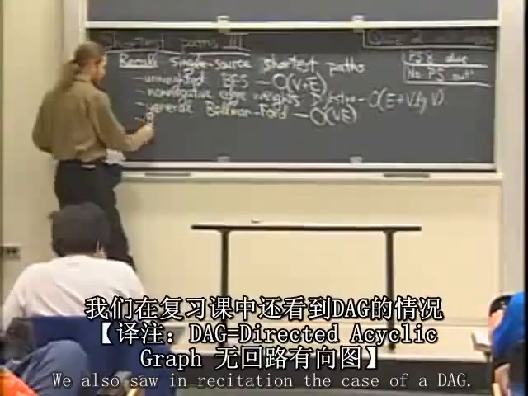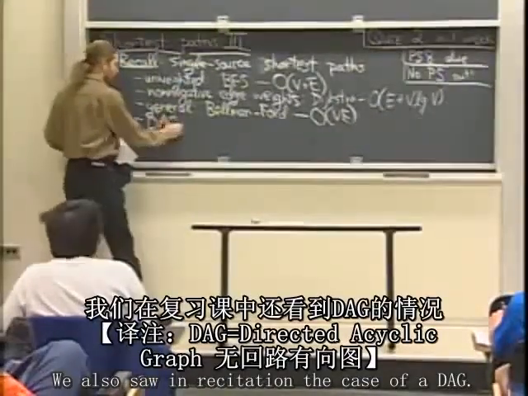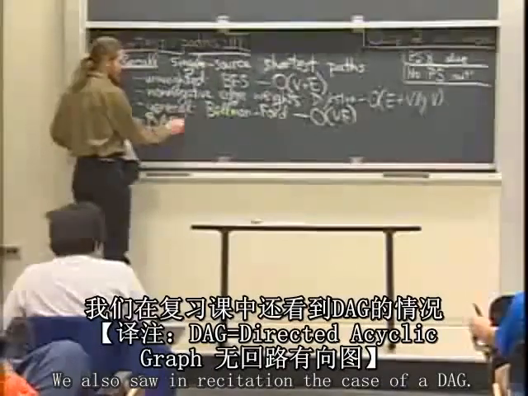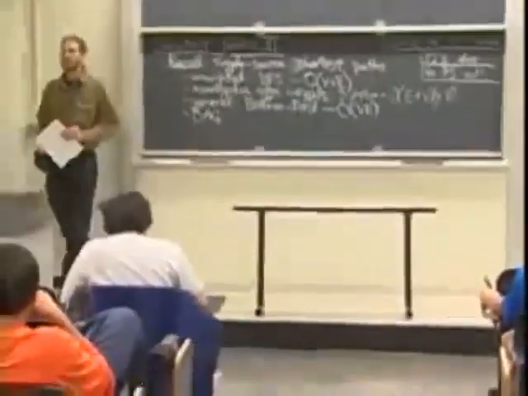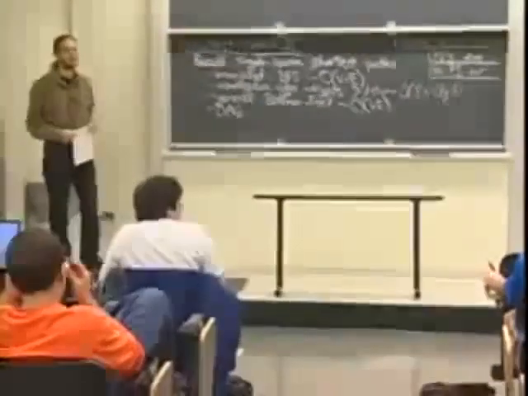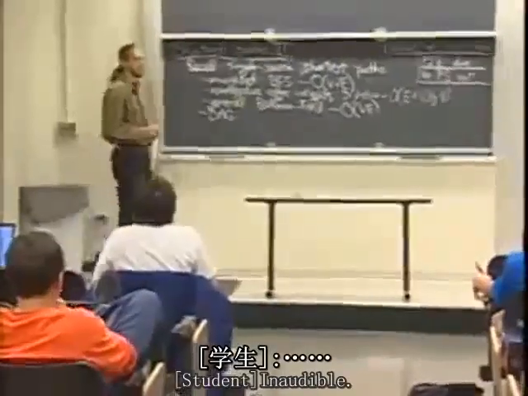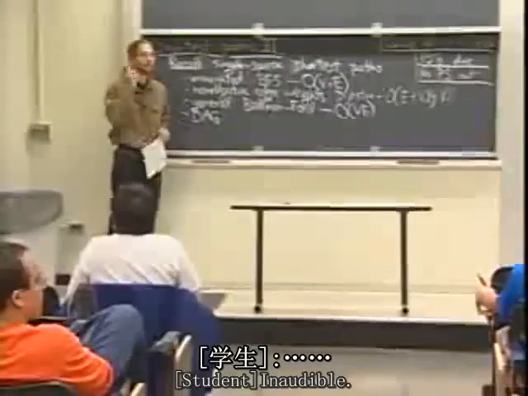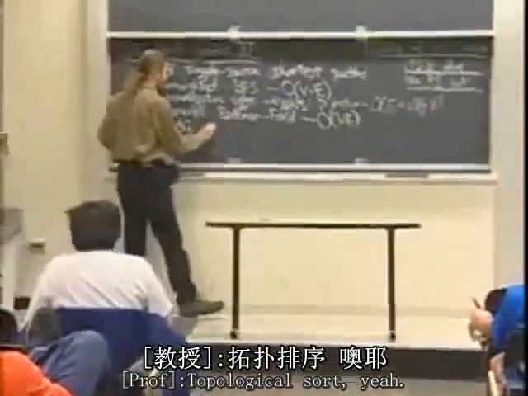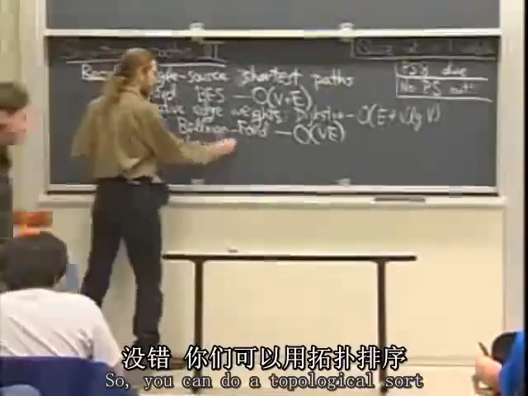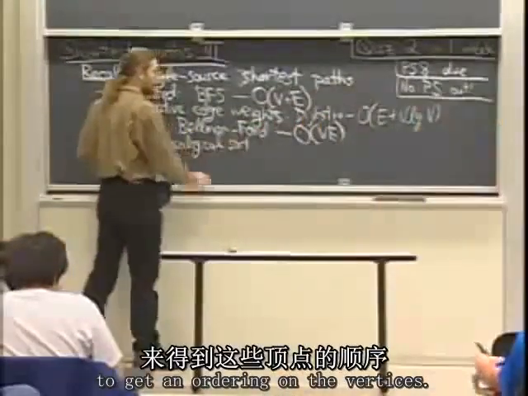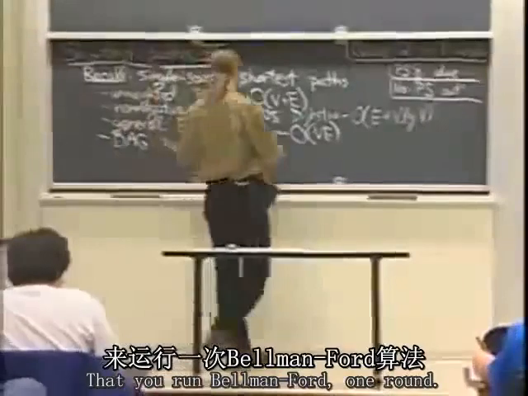We also saw in recitation the case of a DAG. And there, what do you do? Topological sort, yeah. You can do topological sort to get an ordering on the vertices. Then you run Bellman-Ford one round.